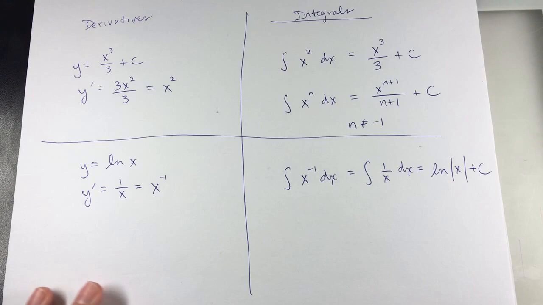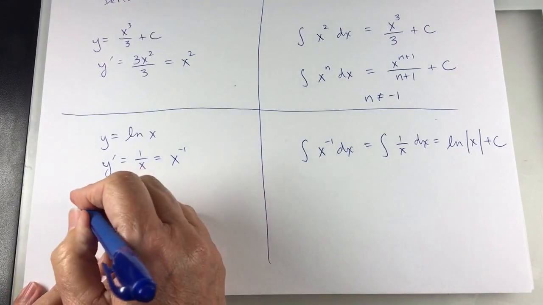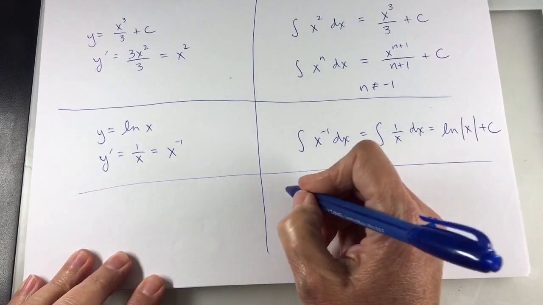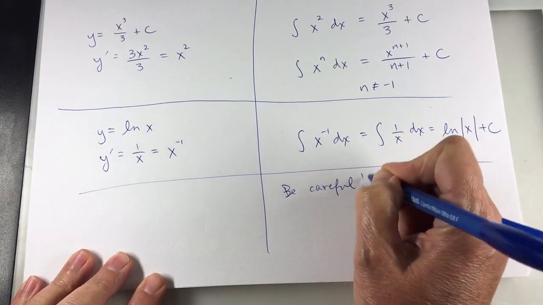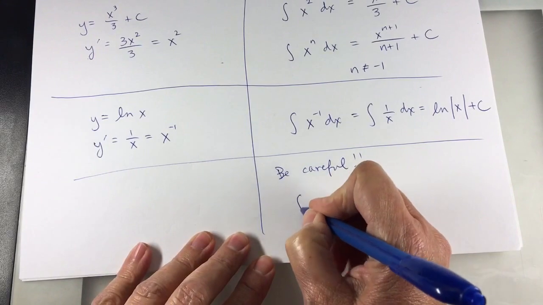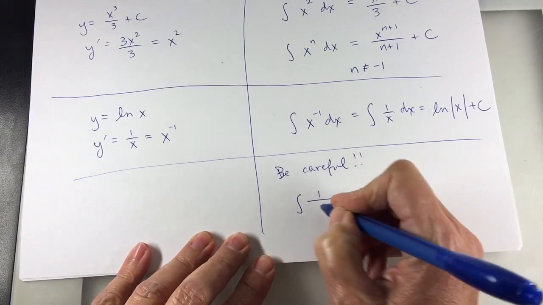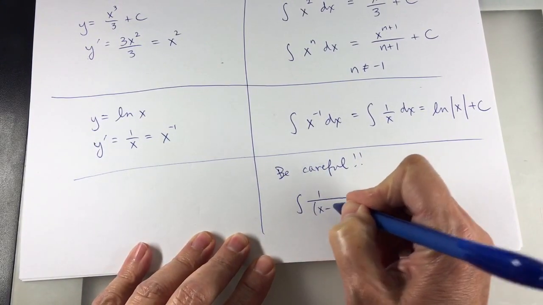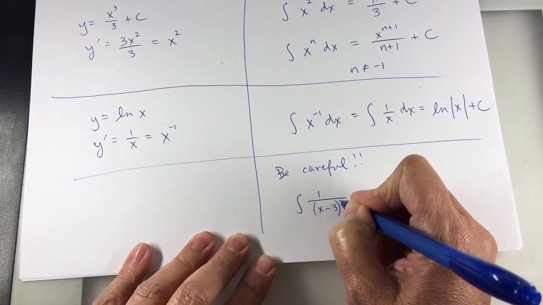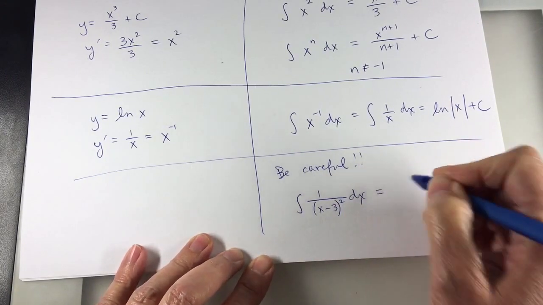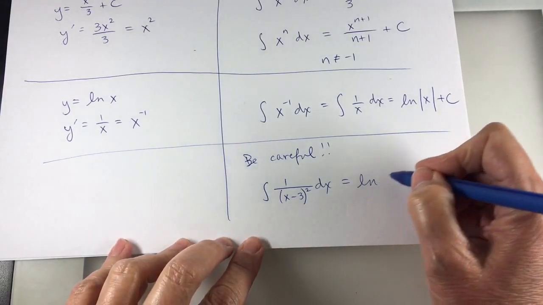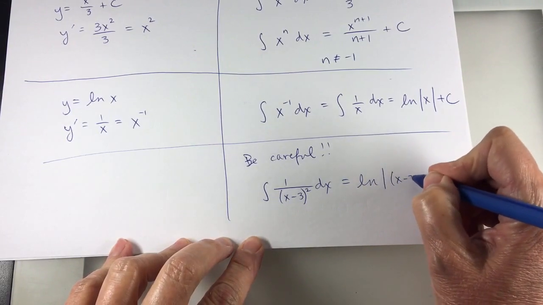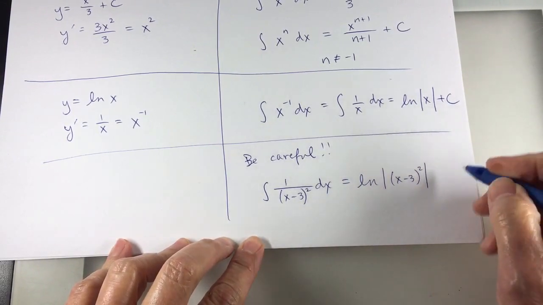We see students trying to do this all the time. So I'm going to close out with this. Be careful. If I have something like the integral of 1 over x minus 3 squared, I see students doing this and it's not correct. Natural log x minus 3.